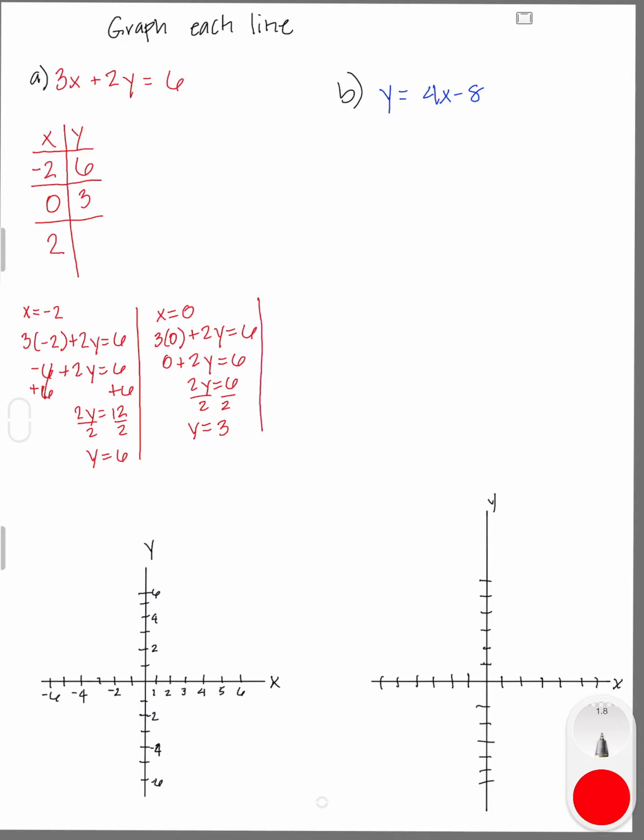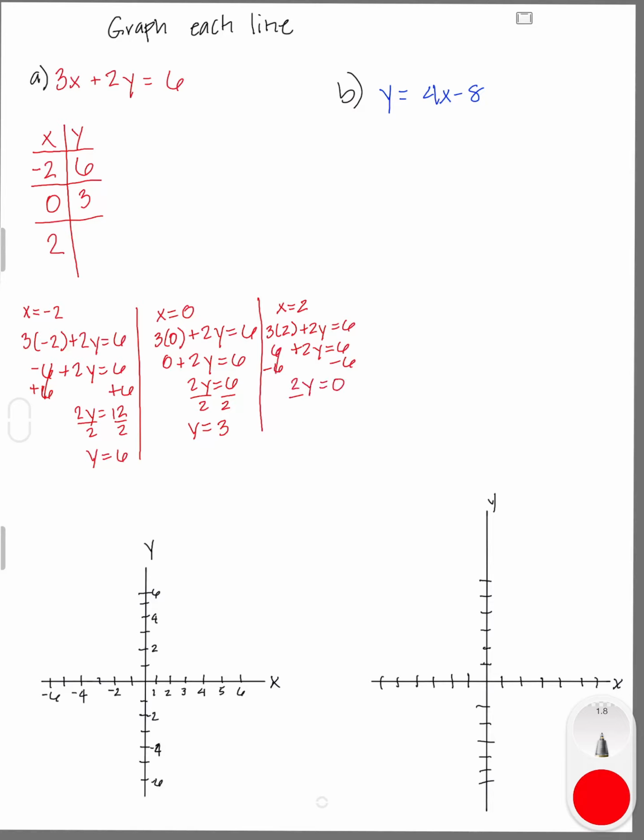And let's do the last one. This will be when x equals 2. So we have 3 times 2 plus 2y equals 6. 3 times 2 is 6, plus 2y equals 6. We subtract 6 from both sides. Remember, we want to isolate y.